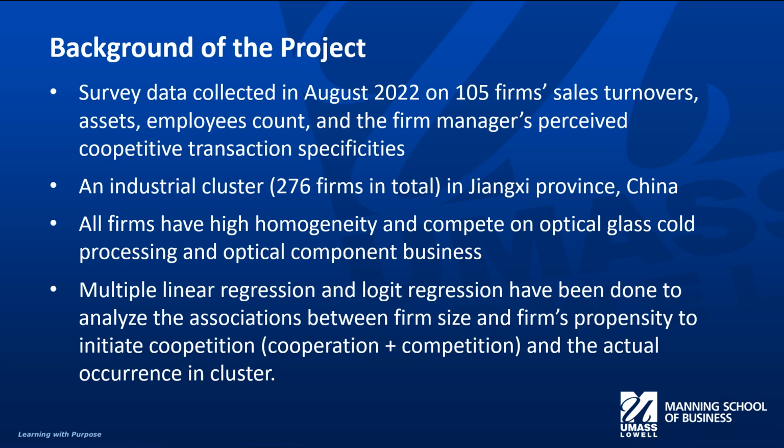In the summer paper project, I have done the multiple linear regression and also the logit regression to analyze two hypotheses, which are the association between the size of firm and the firm's propensity to negotiate coopetition, and also the probability of actual occurrence of coopetition in the same cluster.